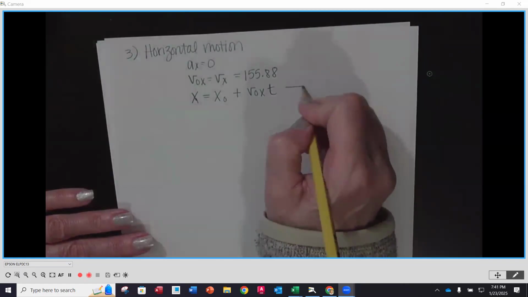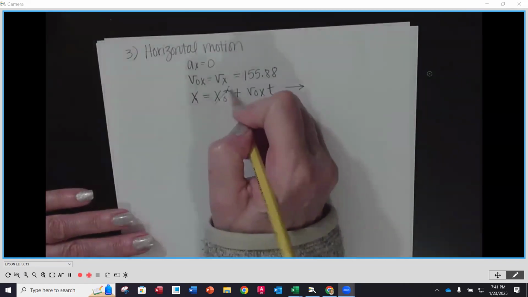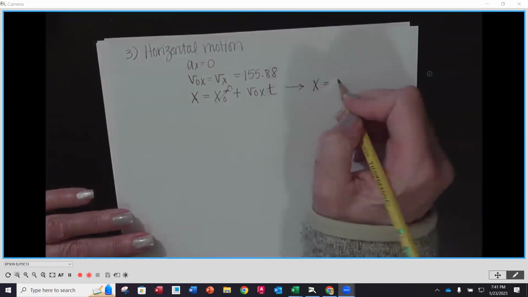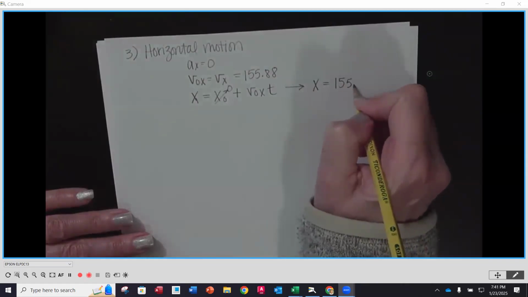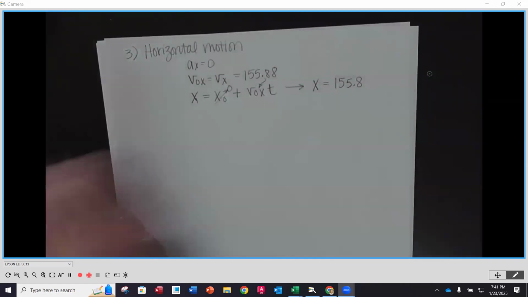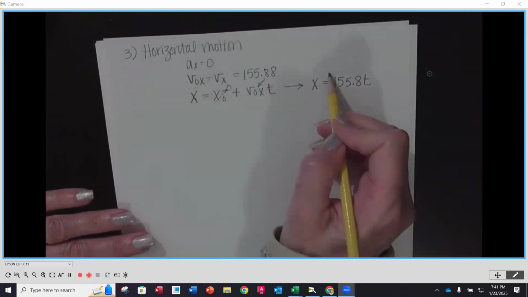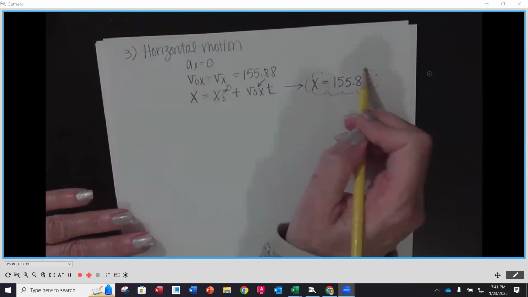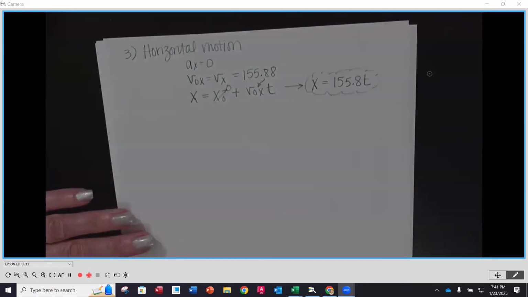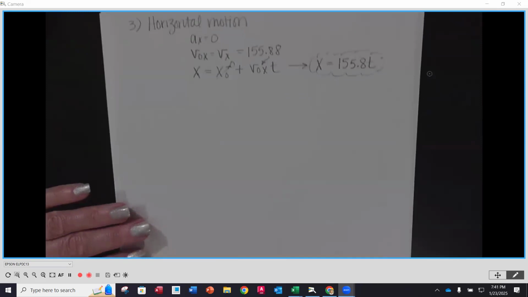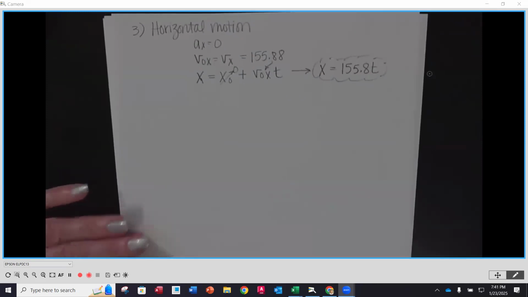So that means that because this goes to 0, x is equal to 155.88, because that goes right there, times t. So horizontal distance we can calculate at any given time multiplied by the constant velocity that we're seeing in that x direction.